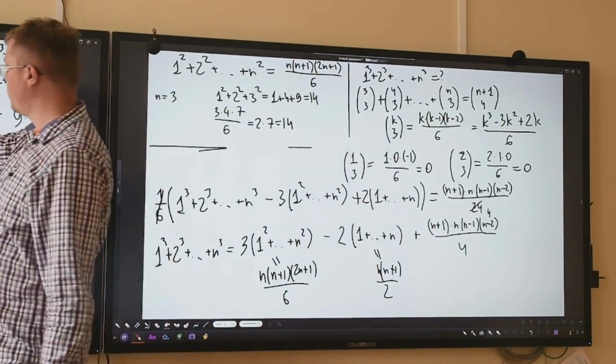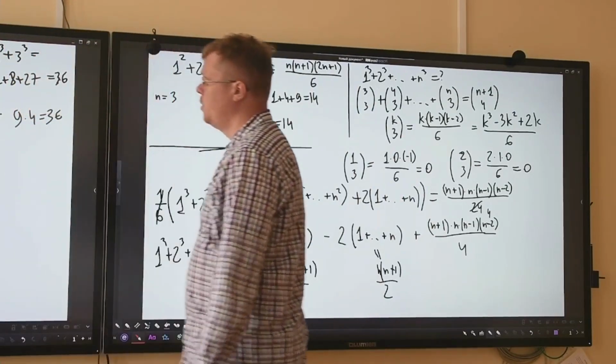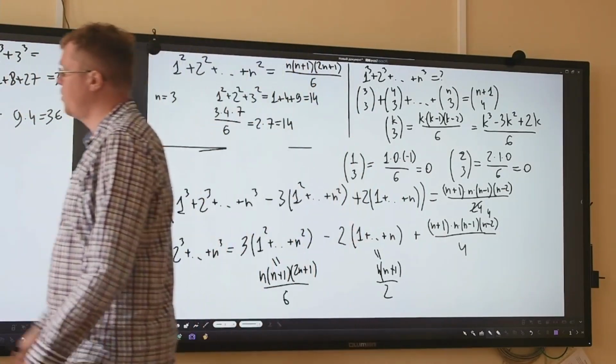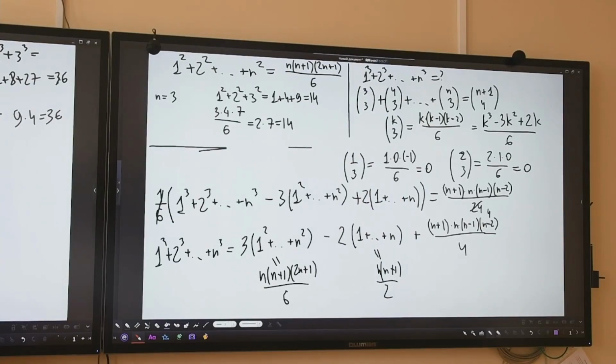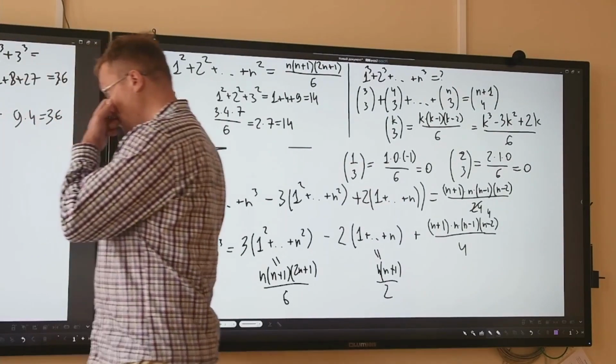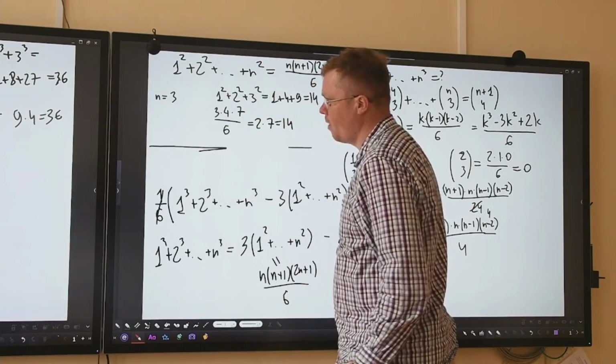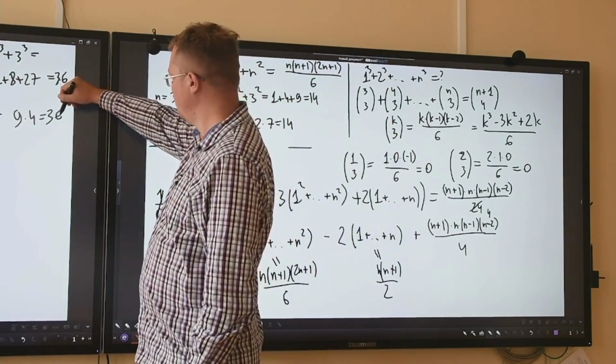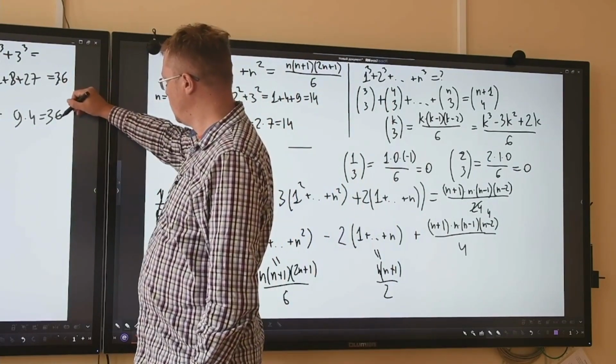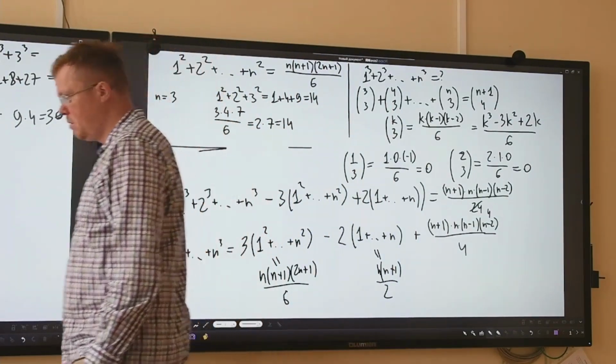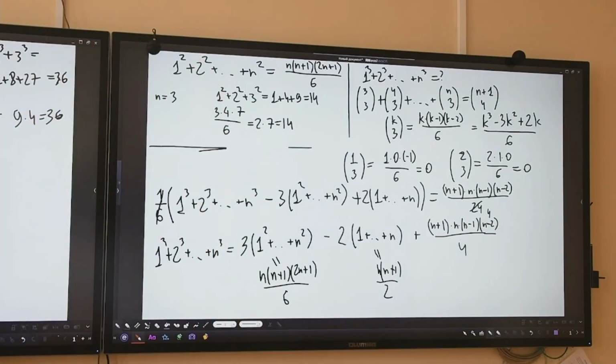Here we have a polynomial of degree 2 if we just take the sum of first powers of n natural numbers. Okay, any questions?